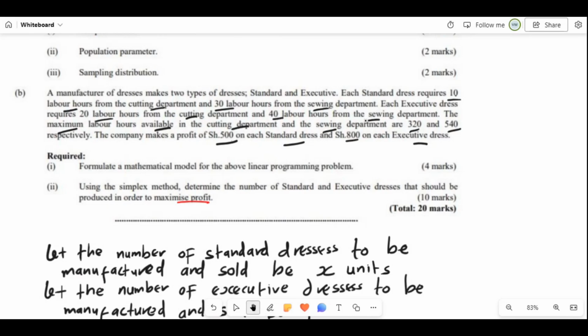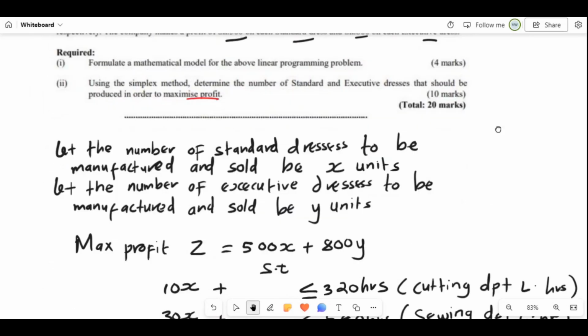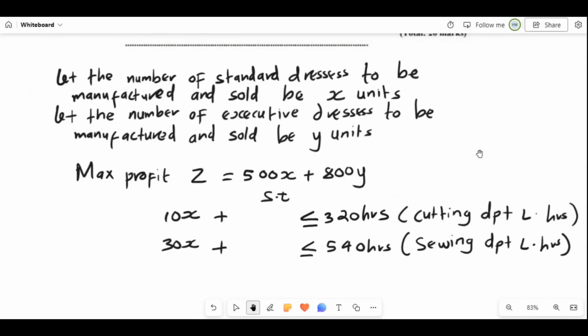So 20 from cutting and 40 from sewing. So that this is plus 20Y and this is also plus 40Y.